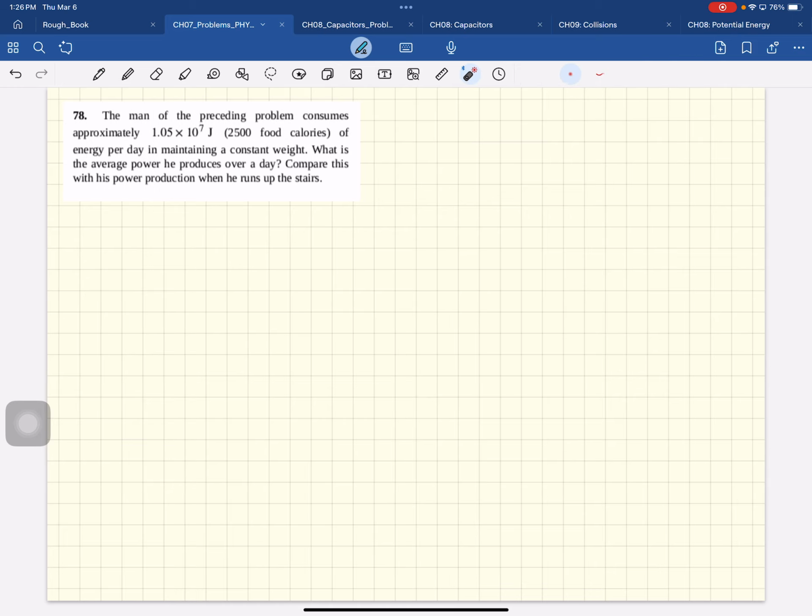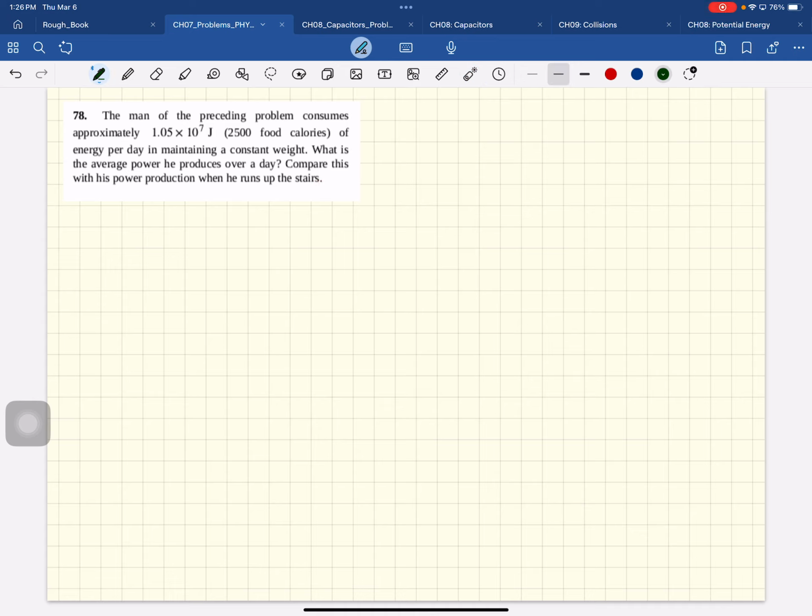Okay, so this problem says the man of the preceding problem consumes approximately 10 million joules of energy per day in maintaining constant weight. What is the average power he produces over a day? Compare this with the power production when he runs up the stairs.